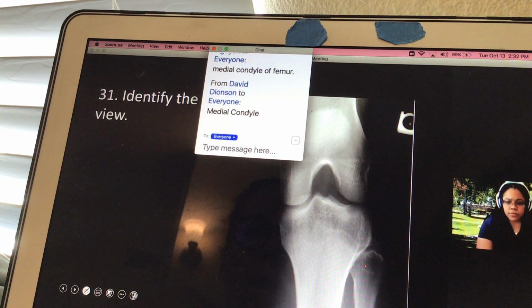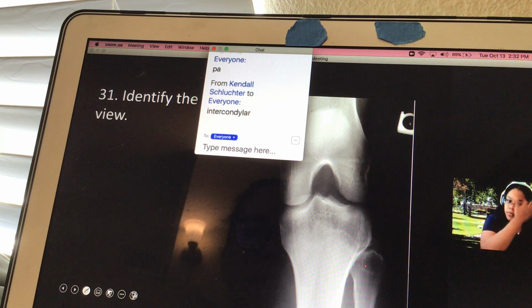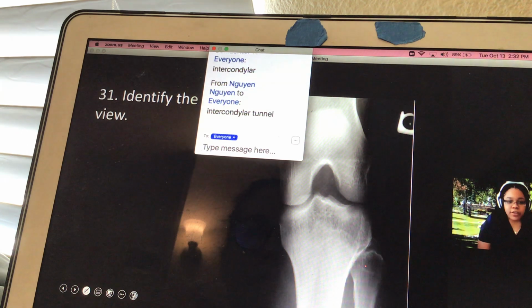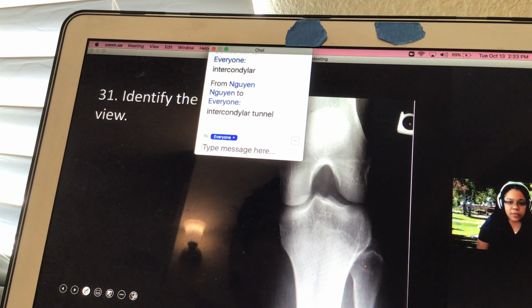What view is this? Yeah, this is our intercondylar view, our tunnel view. It is taking P to A. But just to keep it consistent, we're just going to call it either intercondylar or tunnel.